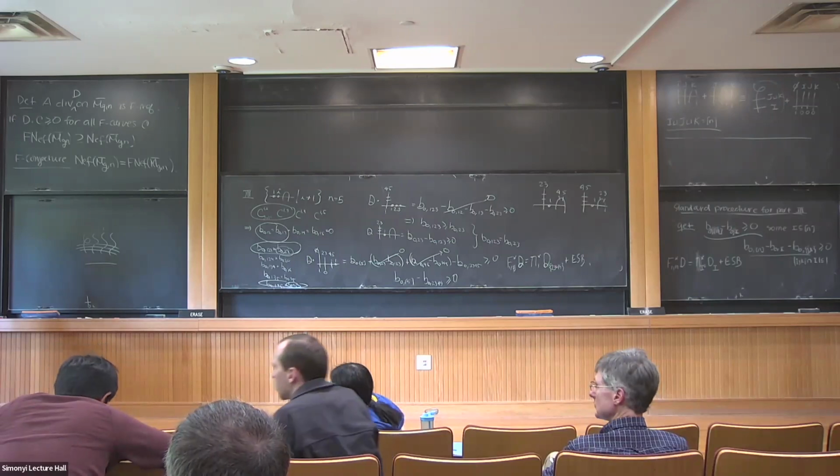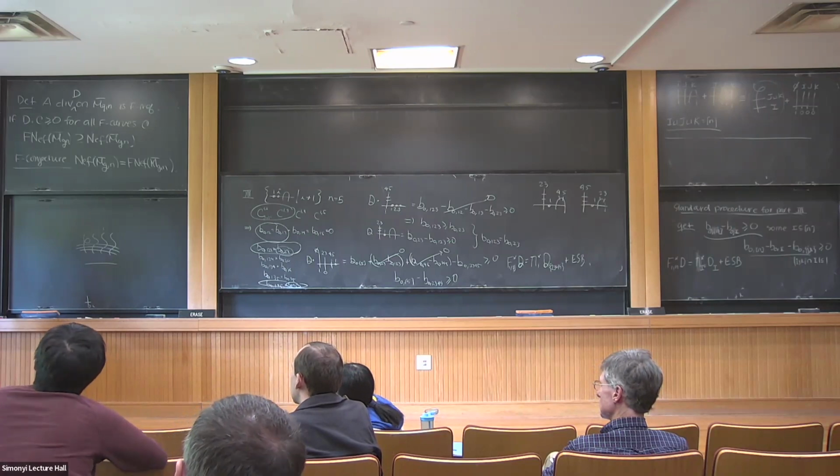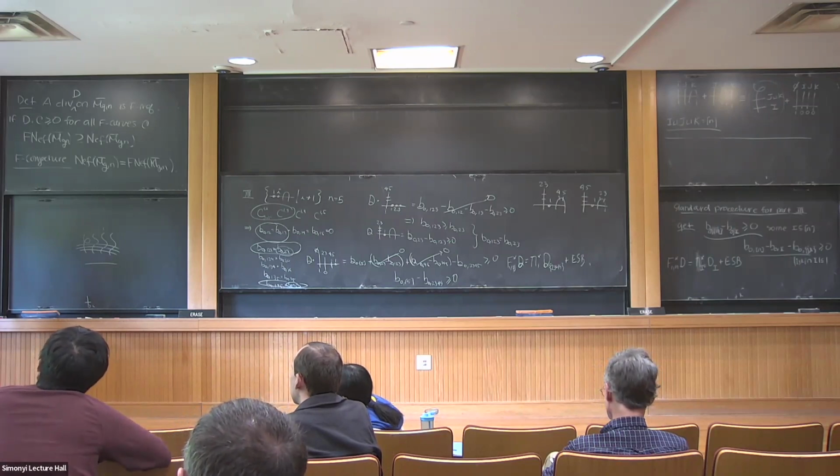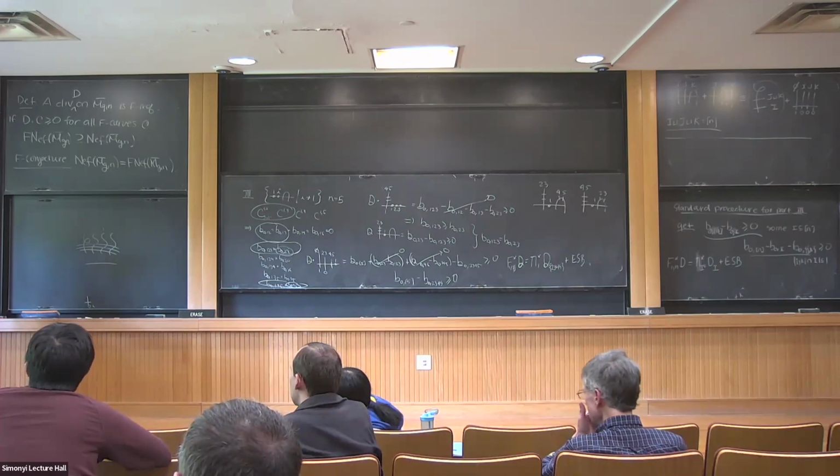So Keel and McKernan's proof follows from being able to write an F divisor on M0n as a sum of the canonical divisor and boundary, an effective combination of canonical plus boundary, where the coefficients of the boundary are not too big.